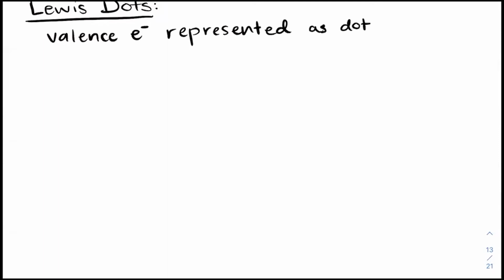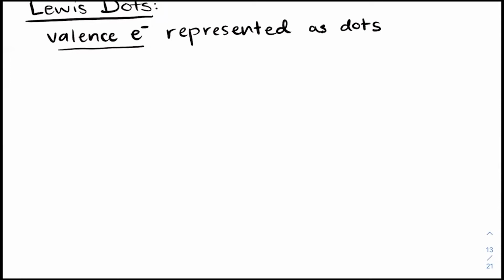And so what he uses is this idea that valence electrons can be represented as dots. Because he said, look, we know from quantum mechanics that only the valence electrons, the outermost electrons, go into reactions.